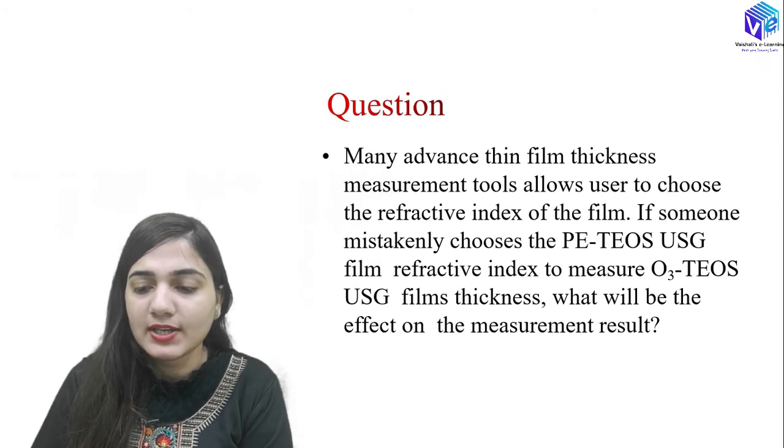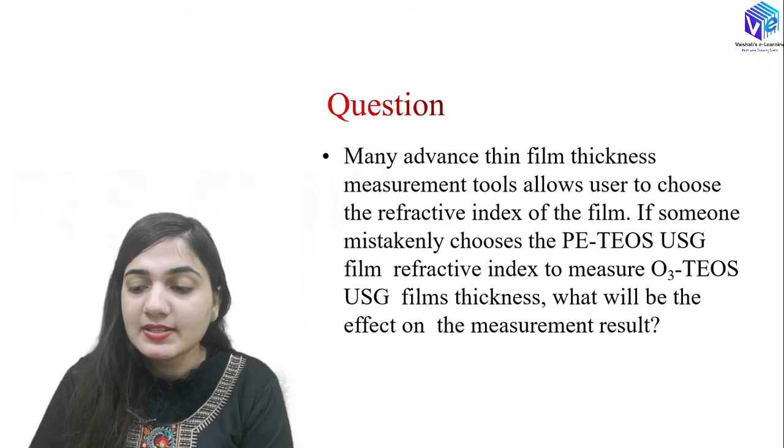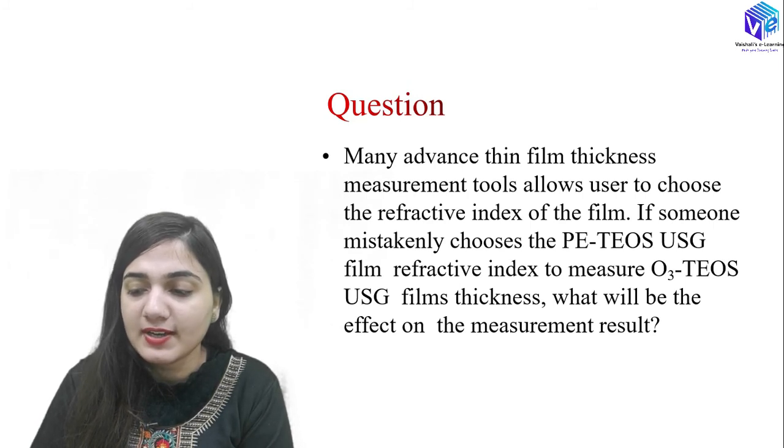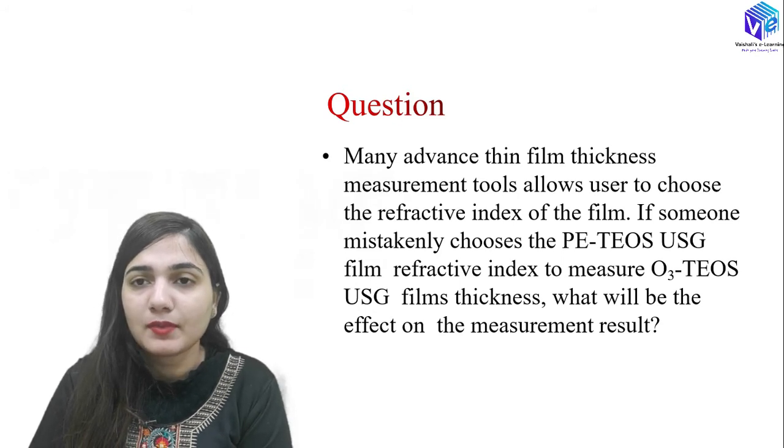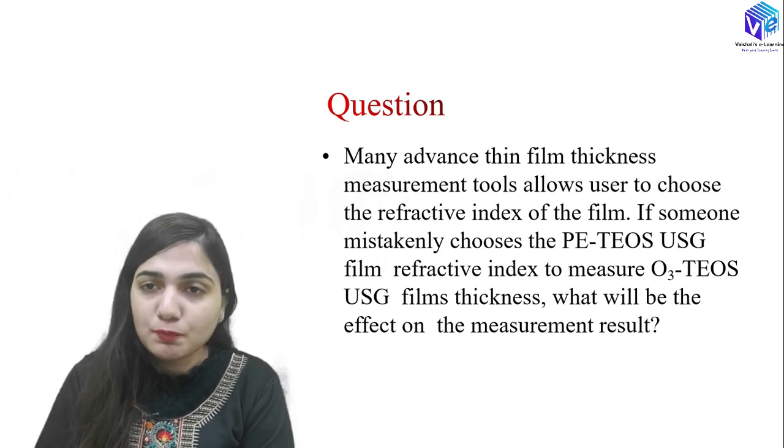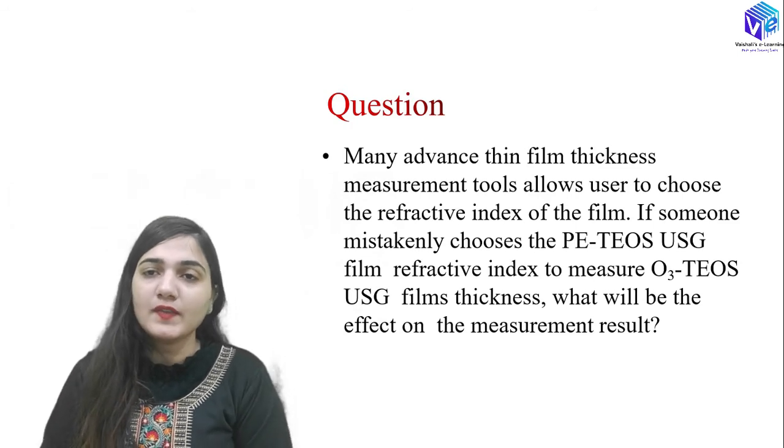There arises a question: many advanced thin film thickness measurement tools allow the user to choose the refractive index of the film. If someone has mistakenly chosen the PE-TEOS USG film refractive index to measure the O3 TEOS USG film thickness, what will be the effect on the measurement result? We know that the output thickness is based upon the refractive index.